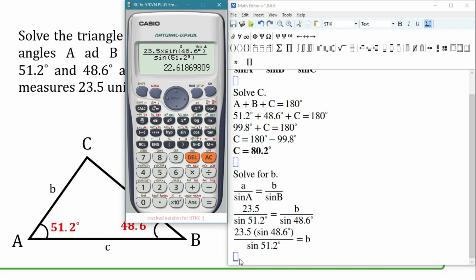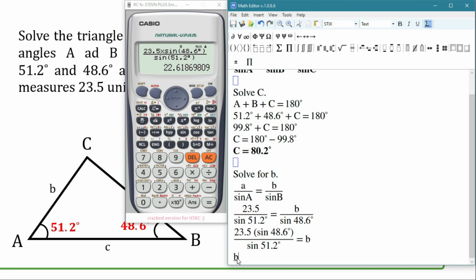Alright, and that will yield the value of B, which is 22.62 units. Okay, so rounded off to the nearest hundredth. So that's going to be the value of B. Alright.